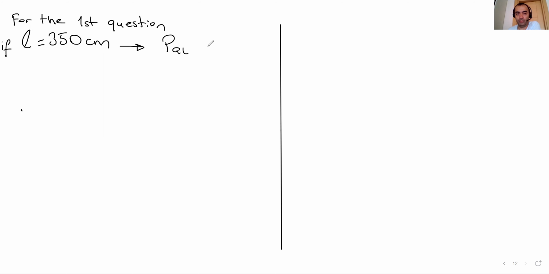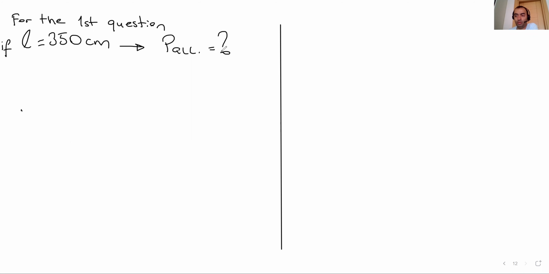If L is 350 centimeters, what is the P allowable? The shape is the same, everything is the same, support conditions are the same. The only thing which is changed is the length of the column.